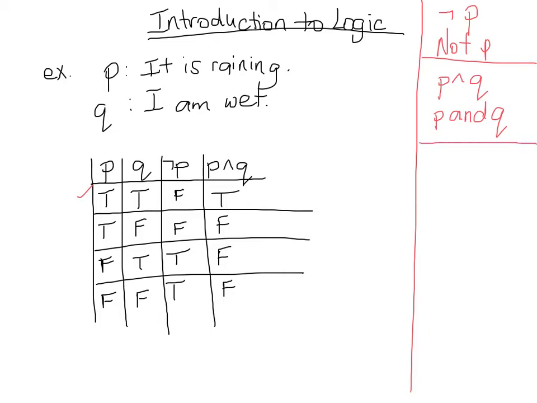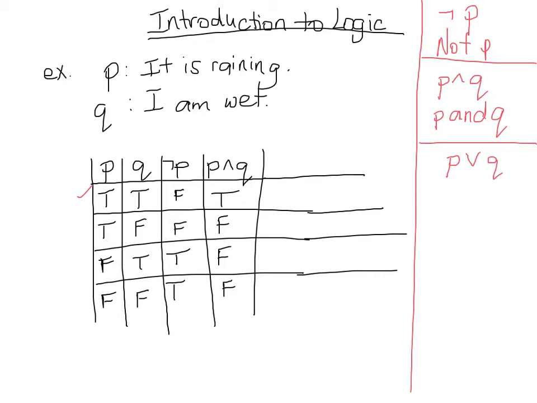The next symbol that I would like to introduce you to is the or symbol. And the or symbol looks like a V. So P or Q. Now, for P or Q to be true, at least one must be true. Either it is raining should be true, or I am wet should be true, or perhaps both can be true.